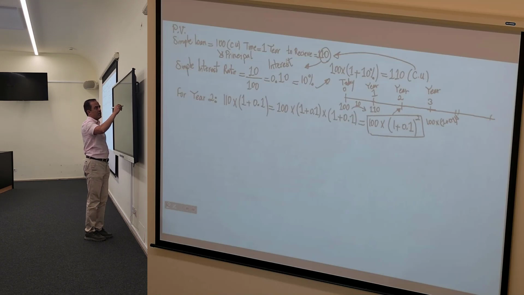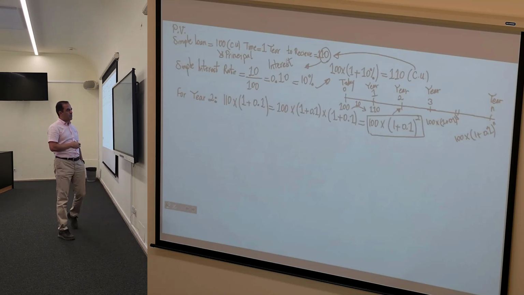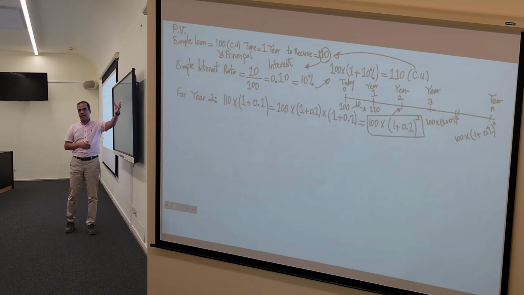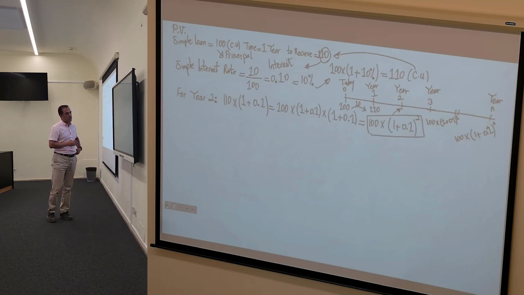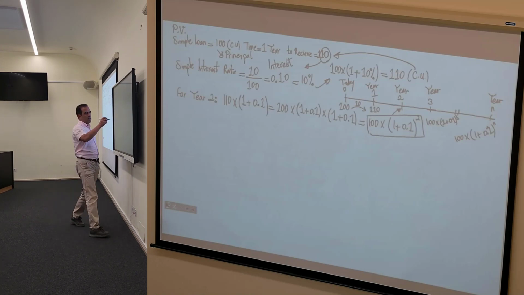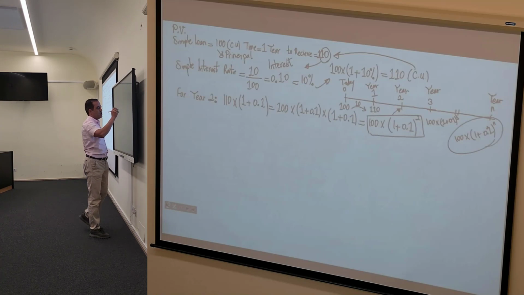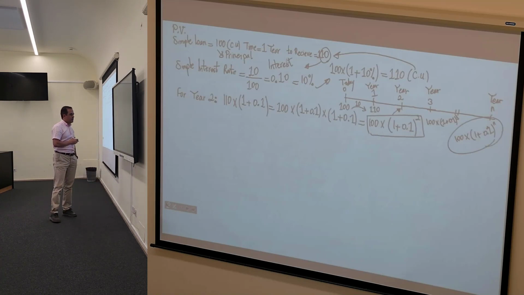So we can say for year n, we can expect 100 times 1 plus 0.1 to the power of n to be the formula to calculate the different years. Okay, so that is the formula for the end of n years. It will help us to calculate different years.